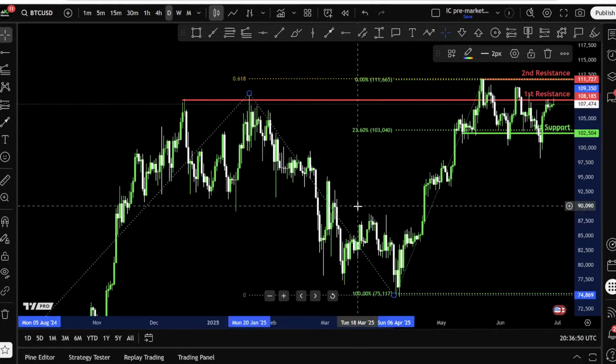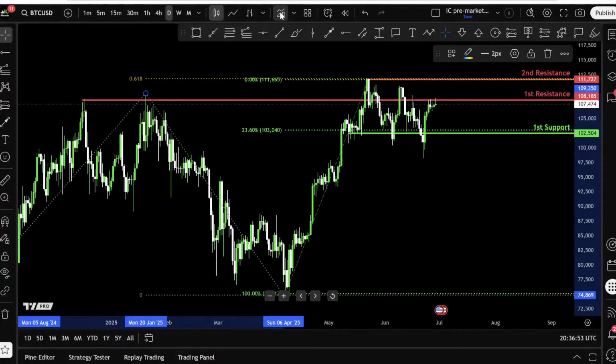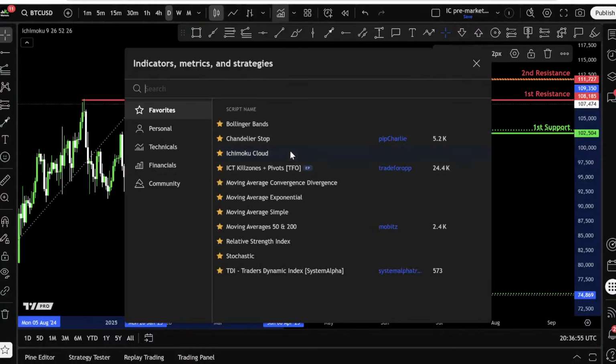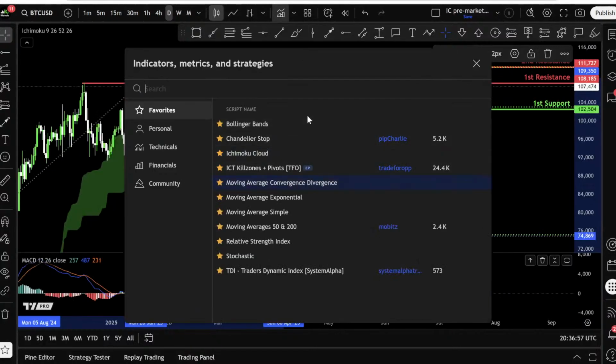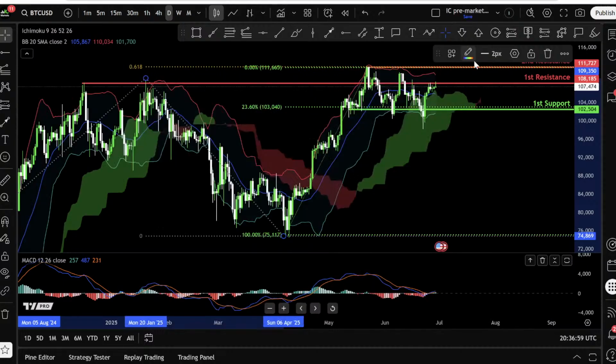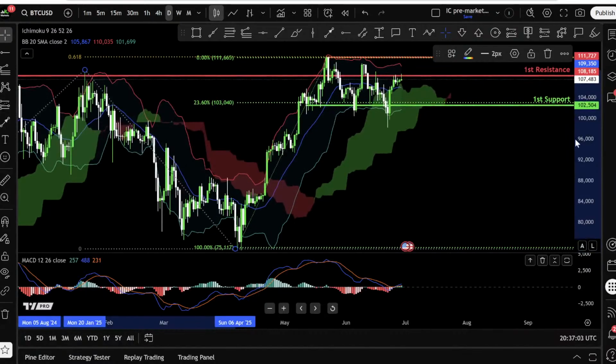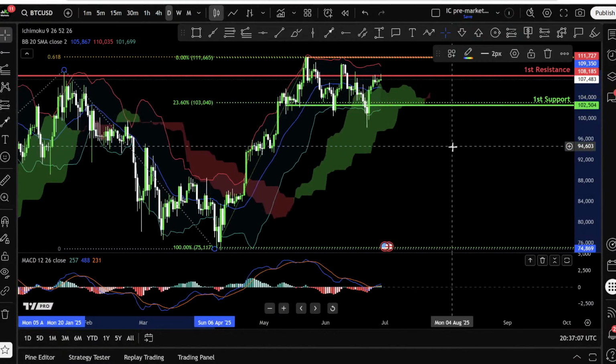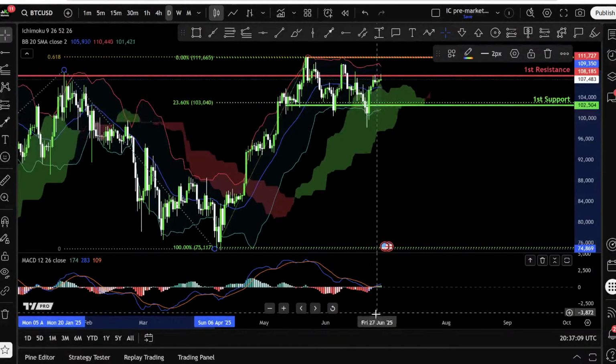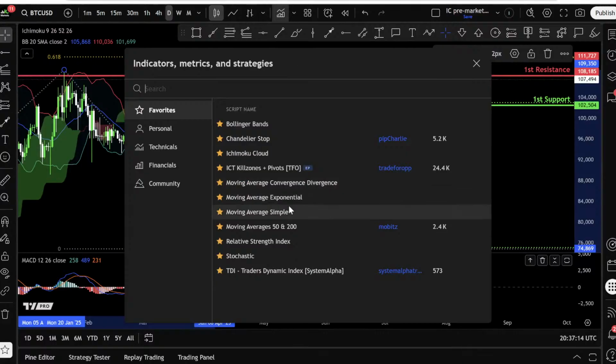So, let's go ahead and look at our indicators. Okay, so Ichimoku has price recently bouncing off the cloud. So it's giving us a bullish signal. MACD you can see is giving us a slight bullish signal as well.